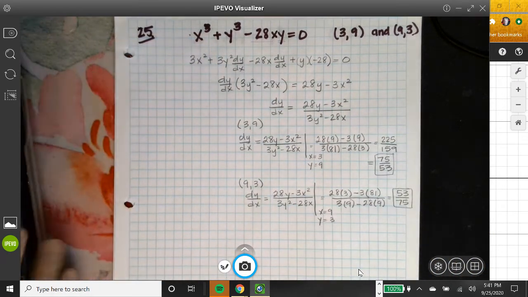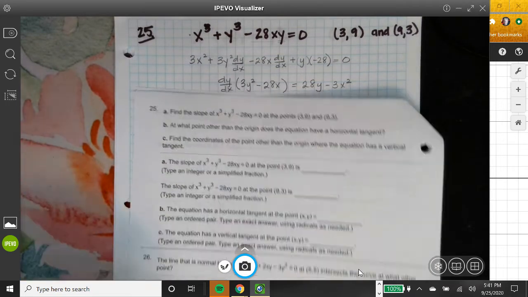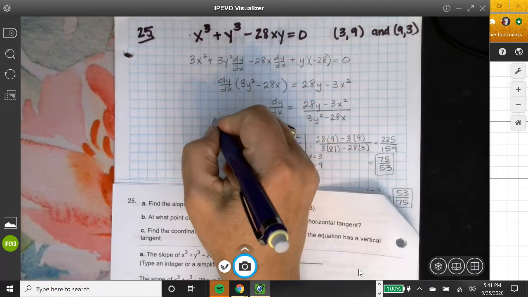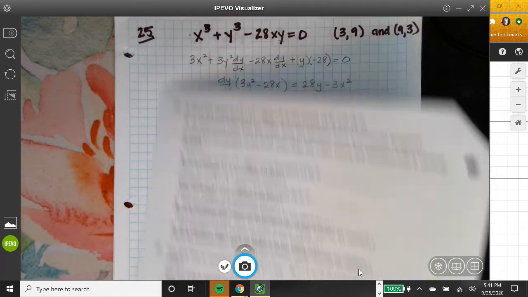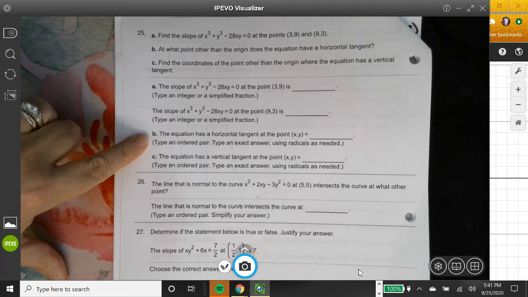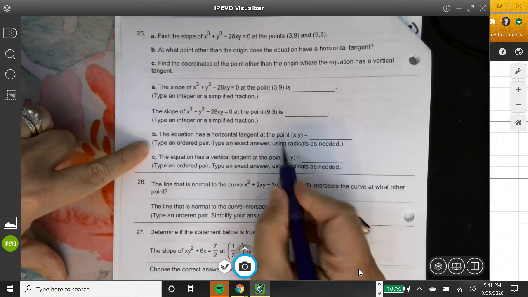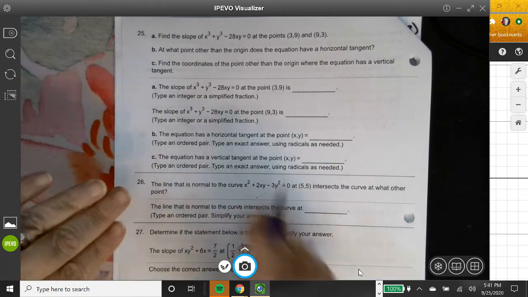All right, so this one we answered as part A. Okay? So this is the answer to part A. Part B says, the equation has a horizontal tangent at the point, and so it's looking for a point. Now, horizontal tangents occur when the slope is 0.